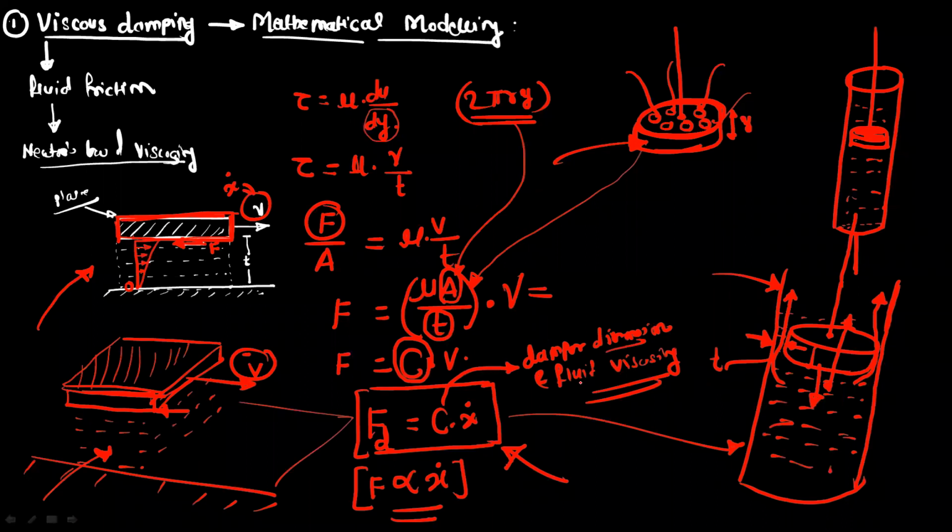So if you change the viscosity, or if you change the dimensions, you will get a different value of C. But for this relation, FD is equal to C into x dot, C is considered as a constant value. So depending on the velocity, your damping force will change. If the piston is moving very rapidly, then your damping force will be at the maximum value.